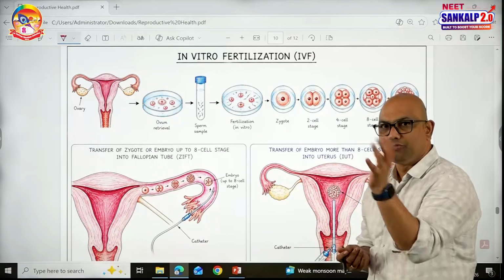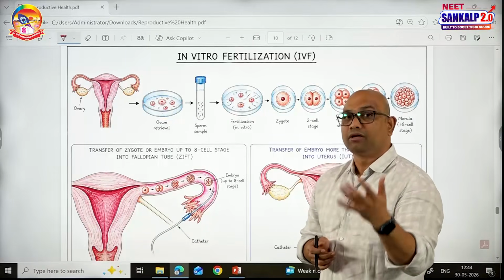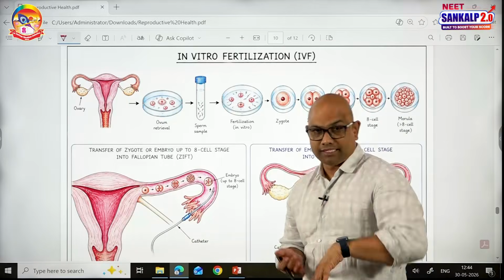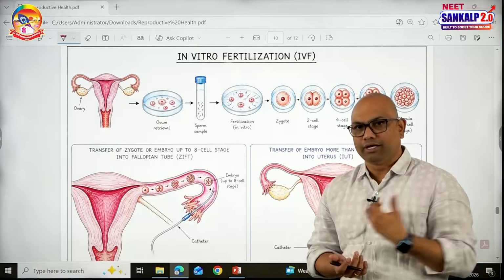They will allow the sperm to fuse with the ovum. As the sperm is fused with the ovum outside the body, this is called in vitro. If fertilization occurs inside the body, that is called in vivo, but IVF is in vitro, outside the body.